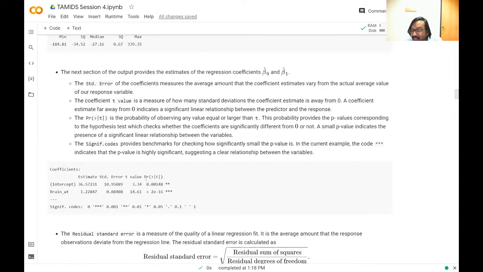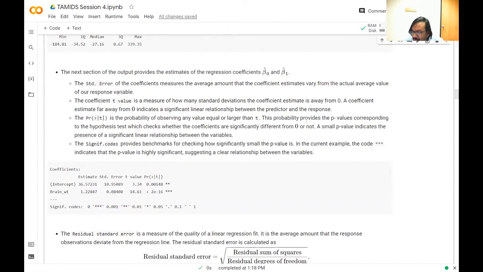Now, are these deviations from zero significant or not? That is given by the last column, which corresponds to the p-values. So let's talk about this in a bit more detail. This column gives you the probability of observing any value that is greater than or equal to the t-values that you observed in the previous column.